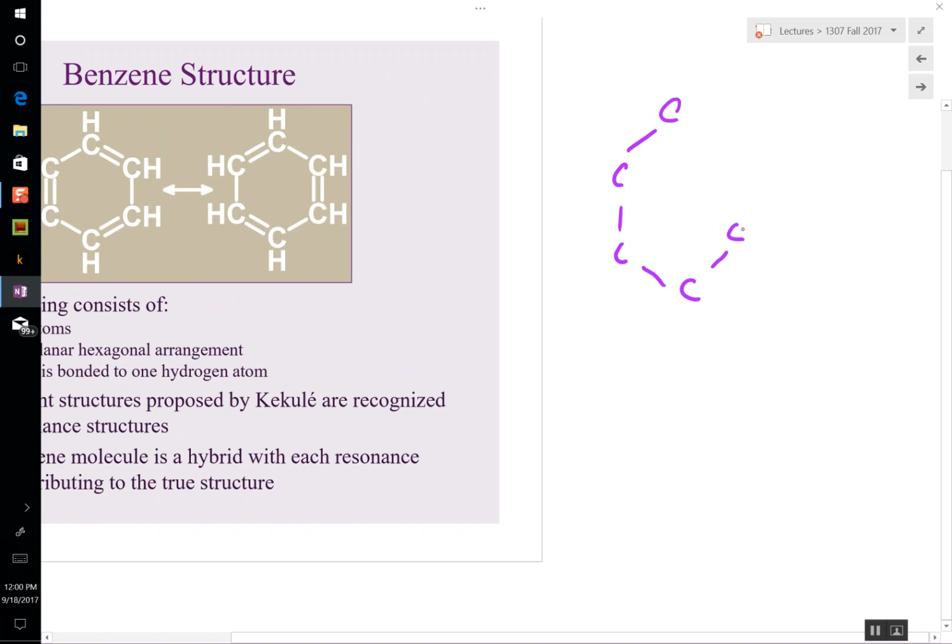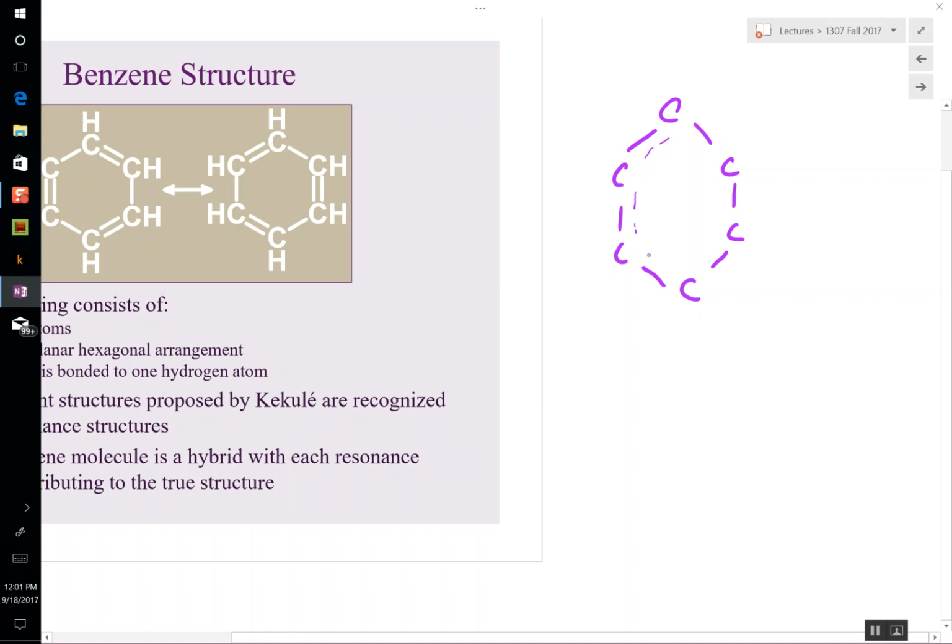If I were to average that, what would I have? I'm going to take one of my double bonds, and instead of saying it's between these two carbons and there's a single bond there, I'm going to say it's a little bit more like there's half a bond there and half a bond there.